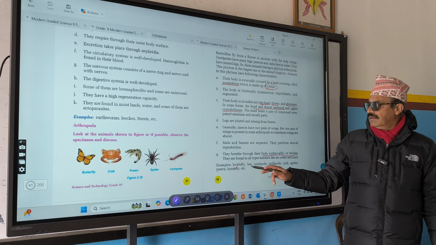Means they suckle their babies, they produce milk. Their body is covered with hair. If you write three points, it's okay. These points you have to remember.